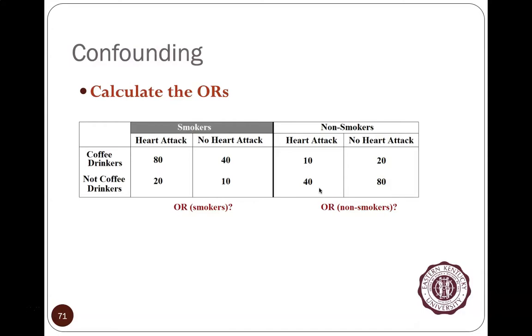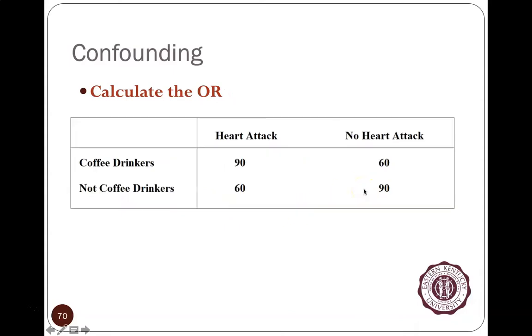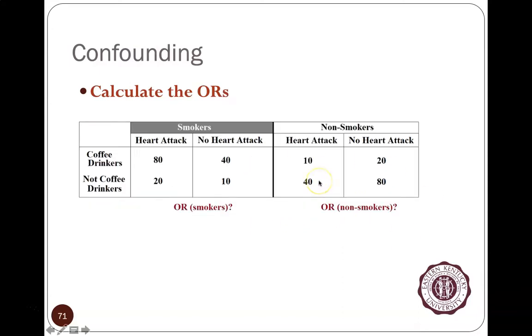Did you see that? 1.0 is the odds ratio here. 1.0 is the odds ratio here. But when we looked at it in the big picture, before we stratified or adjusted for smoking, what did we see? We had an odds ratio of 2.25. Now it's 1.0 and 1.0. The odds ratio has changed 125% for the smokers.